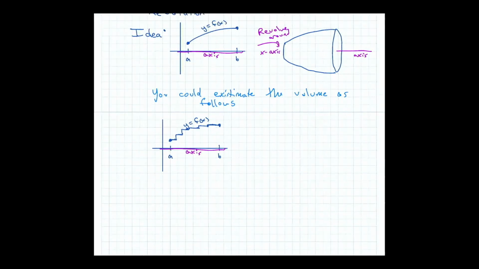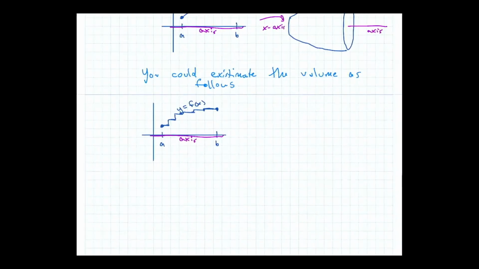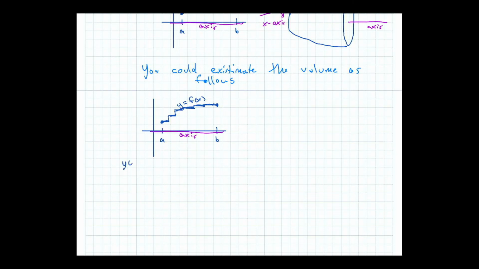That's not the same shape, right? But isn't it kind of close? Each of these is just a horizontal line like that. You could estimate the function as horizontal line segments.